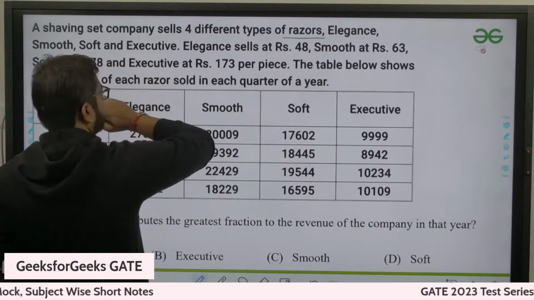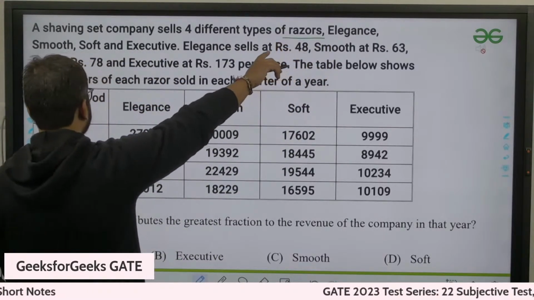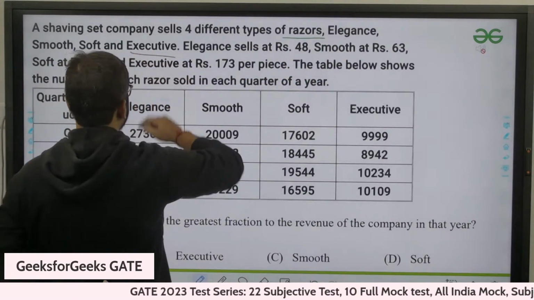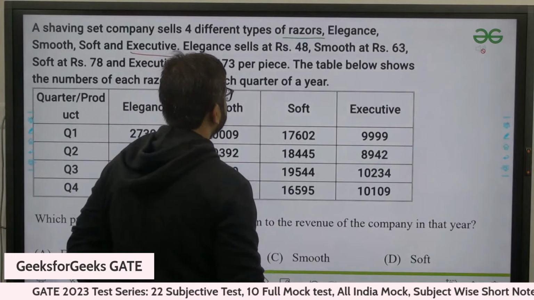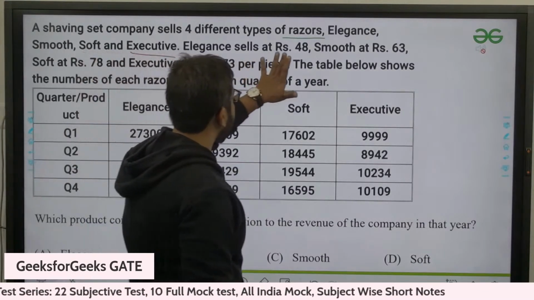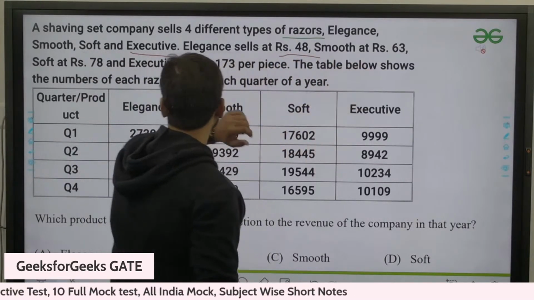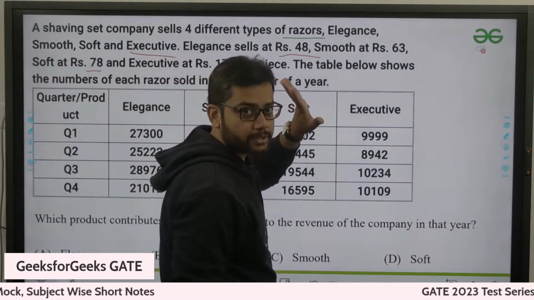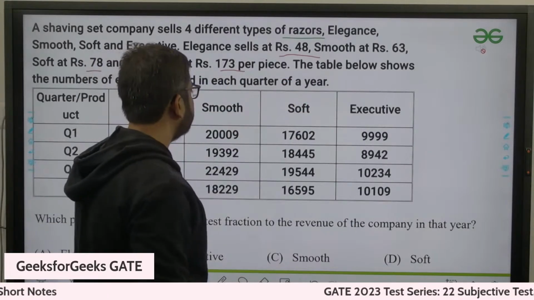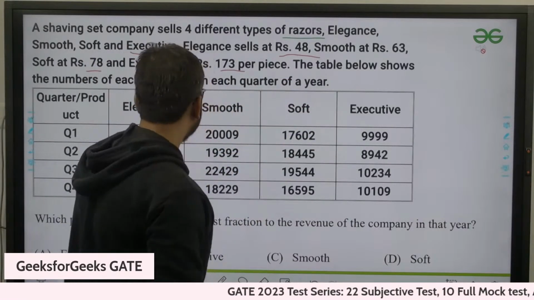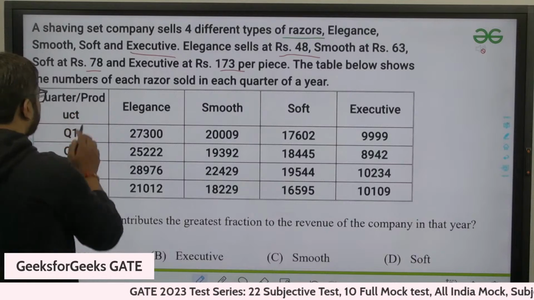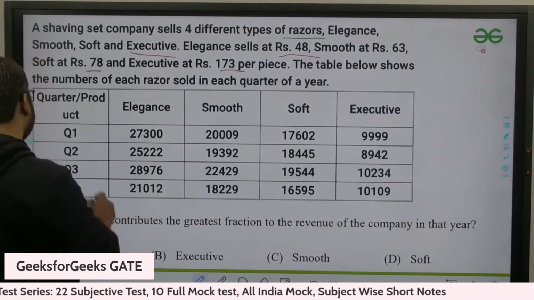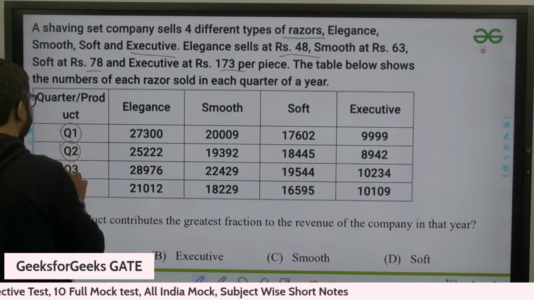Elegance sells at 48 rupees, smooth is 63 rupees, soft is 78, executive is 173 rupees per piece. And this is their production. This is quarterly production, meaning only 3 months: Q1, Q2, Q3, and Q4.